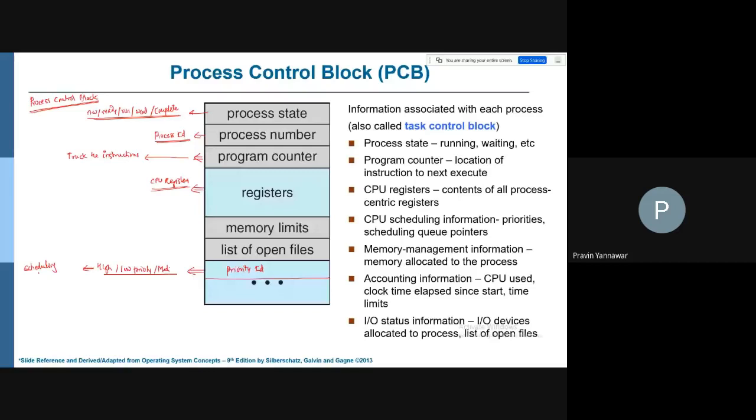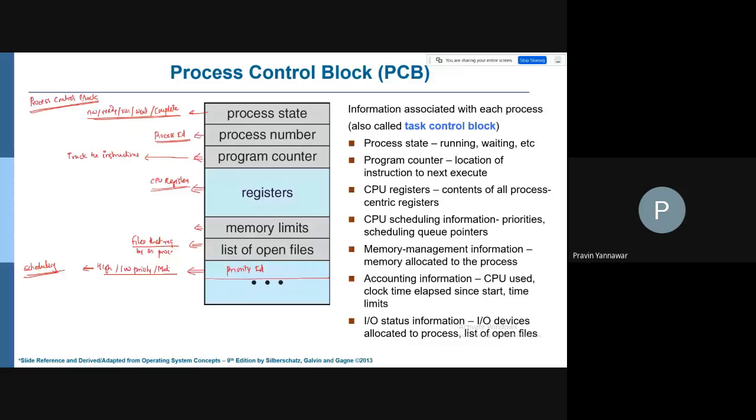At the same time, the memory limits, in which memory the process is going to operate, and the files that are required by the process. So open files are also maintained.